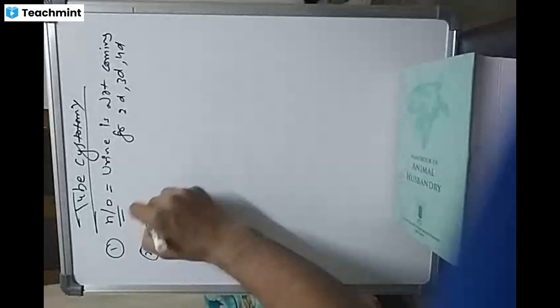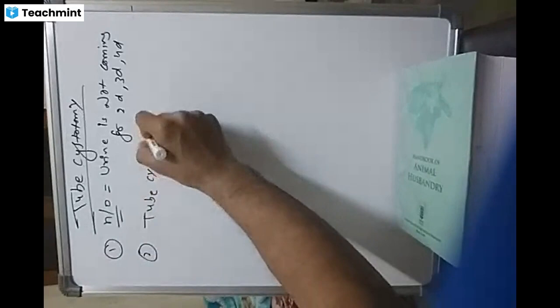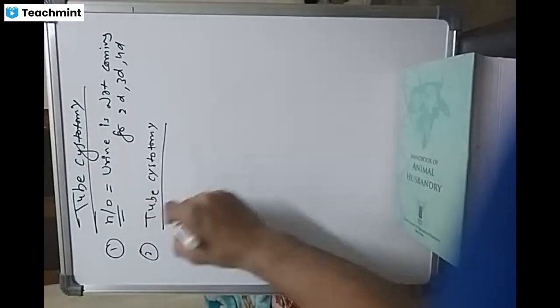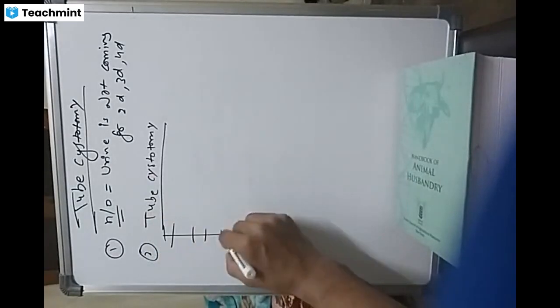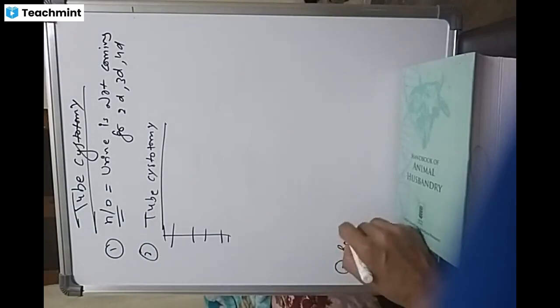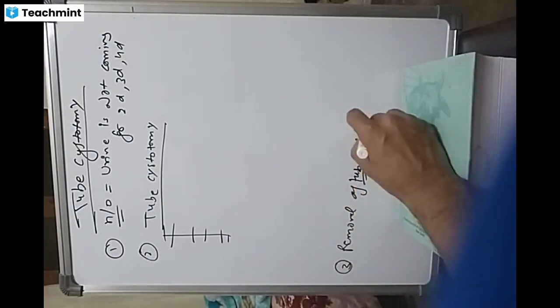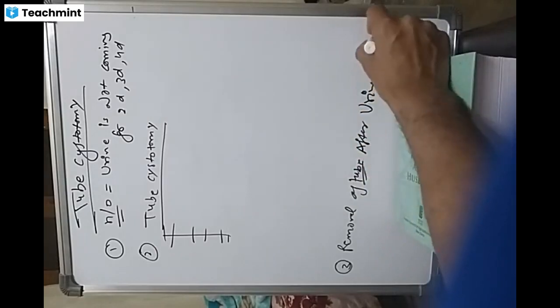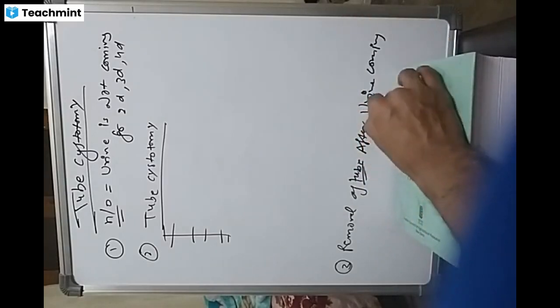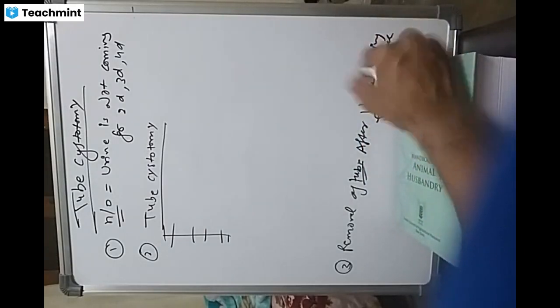Second is our cystotomy, the tube cystotomy, which I will explain. Then the final step is removal of the tube after urine is coming from the natural path.